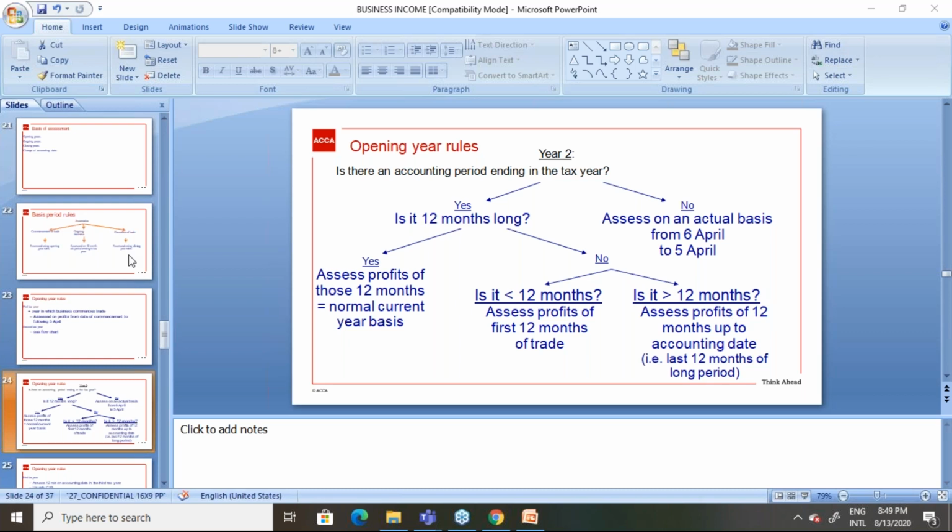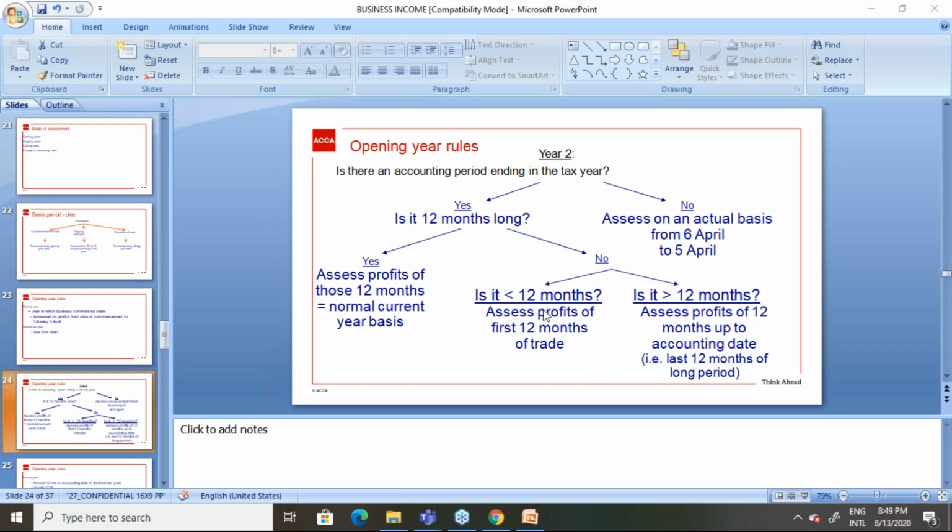So first you ask, is there a period of accounting ending in the tax year? If the answer is yes, then you ask, is it 12 months long? Again, if the answer is no, then you check, is it less than 12 months or more than 12 months?